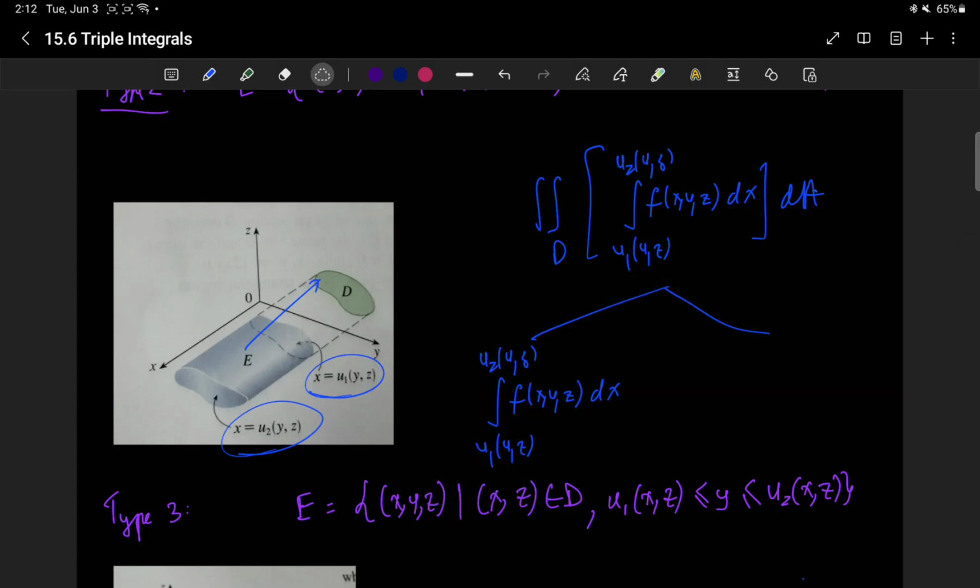Okay, so the first possibility is I go dy. Now it becomes a 2-dimensional problem.